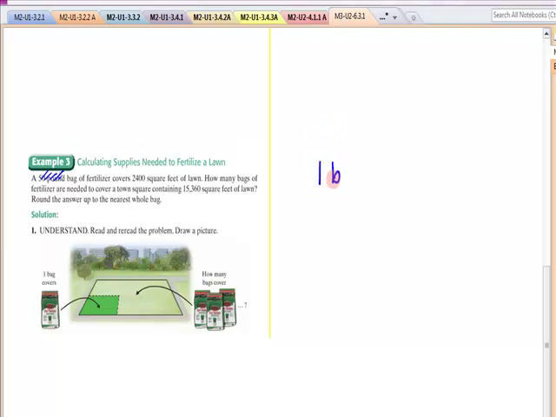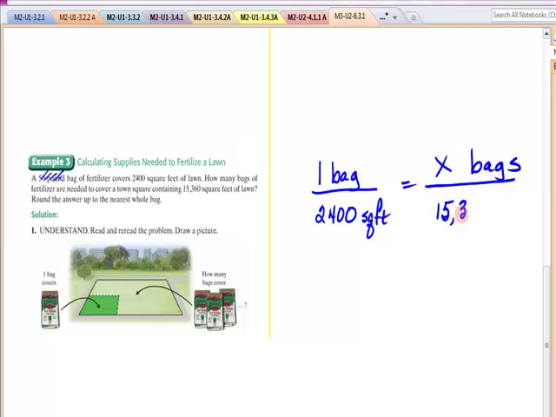It is one bag is to 2,400 square feet as how many bags, it didn't say how many pounds, it said how many bags, would be needed for 15,360 square feet. And I would do my cross product and divide. And we will do one of these completely in the exercises.